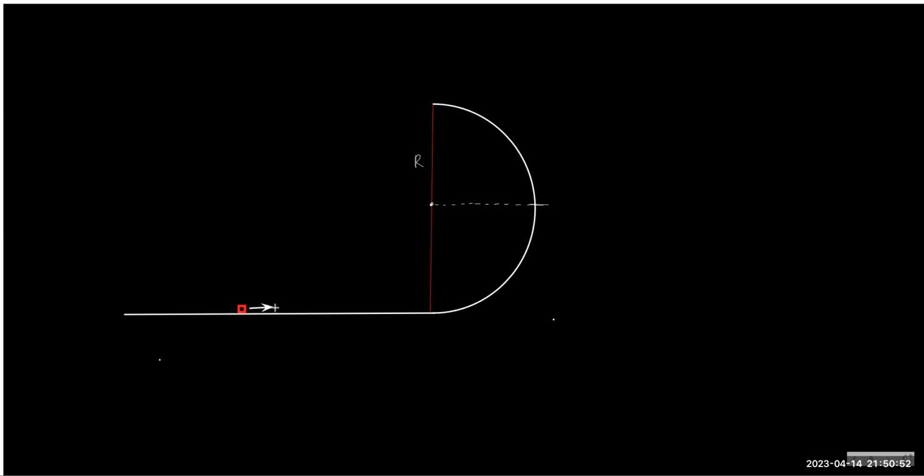And it is given a velocity u. So what is the minimum we must give to reach the topmost point? How much must we give? This is the fixed track. So what is the U minimum? Root 5g. Same answer.